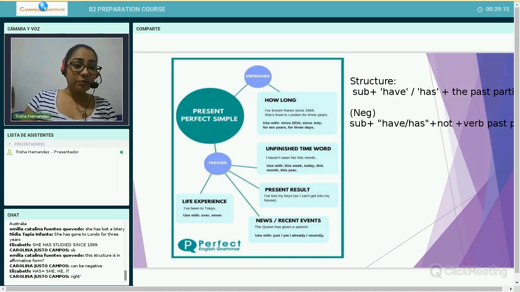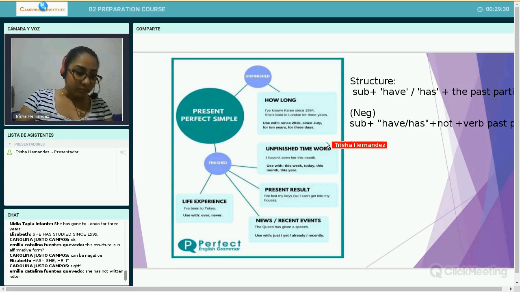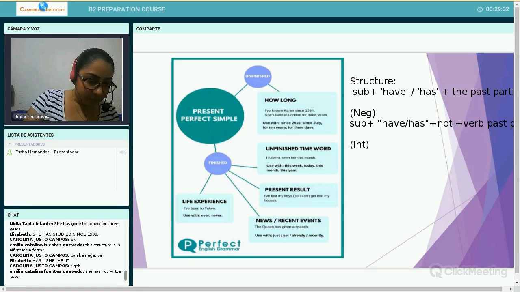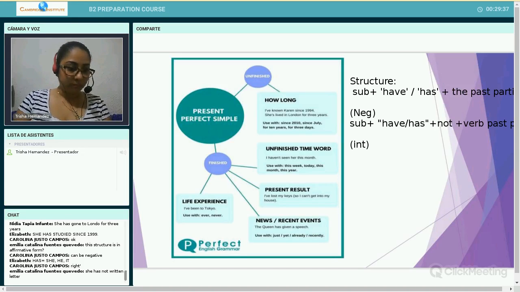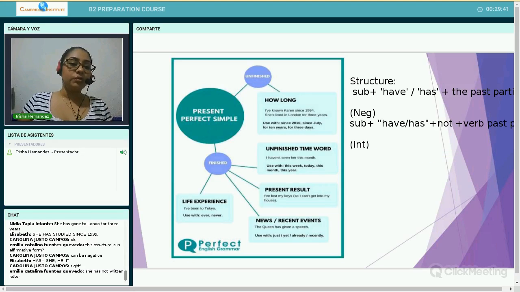Now, the interrogative form. How are we going to use the interrogative form? In interrogative form, we have to do something that is called inversion.